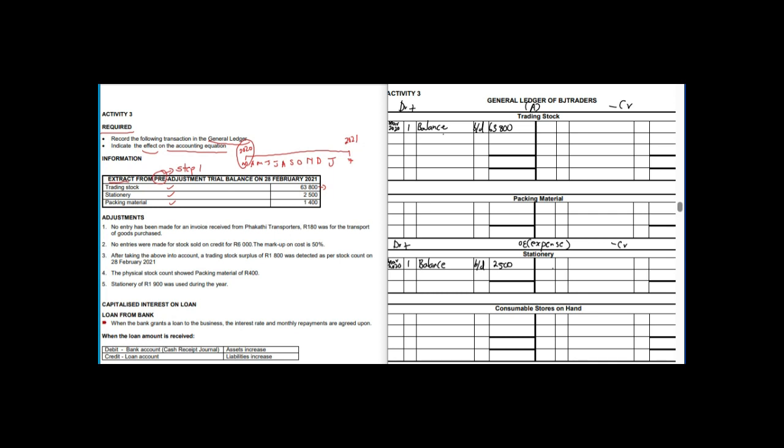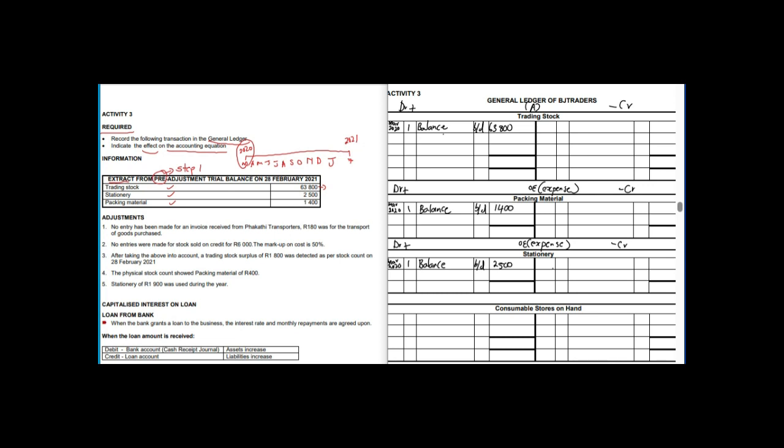Packing material is an owner's equity, it's an expense account, which increases under your debit side and decreases under your what? Your credit side. And then March 2020, the first, we had the opening balance, which is a balance brought down of how much?